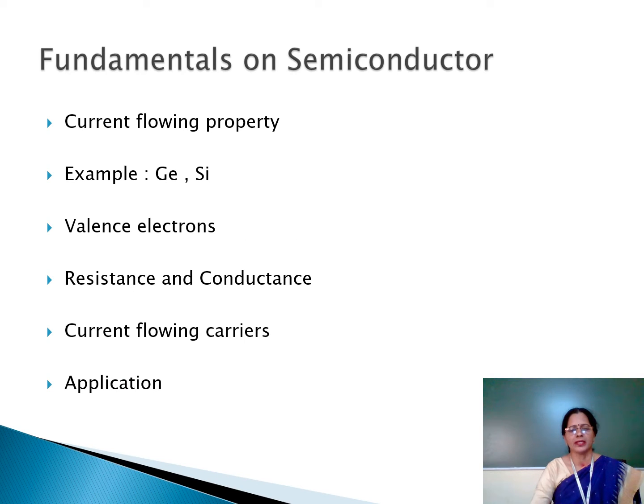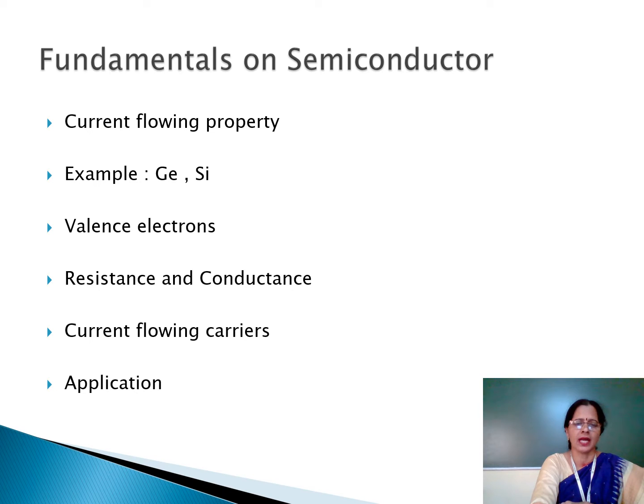Semiconductor fundamentals. First of all, we have to discuss some important fundamental points about the semiconductor material. What is a semiconductor? A semiconductor is one type of material which has both conductor property and insulator property.